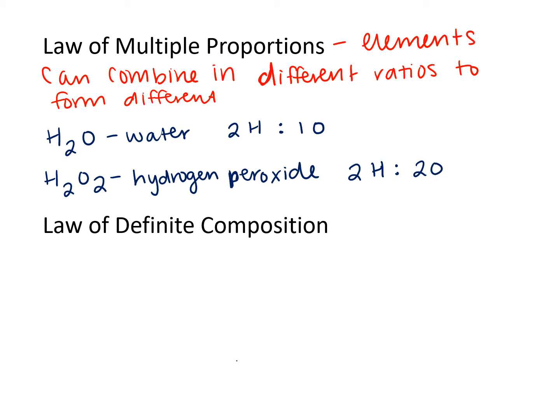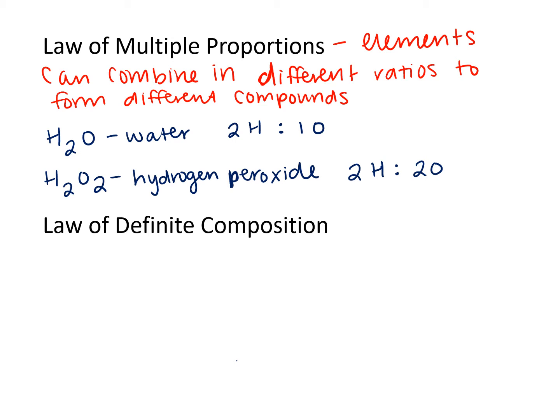So the law of multiple proportions is the idea that these elements are not stuck to combine with one another in just that one known ratio. They could combine in different ratios, and when they combine in different ratios, they are going to form different compounds.